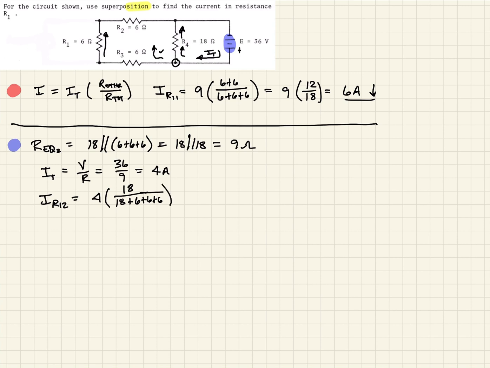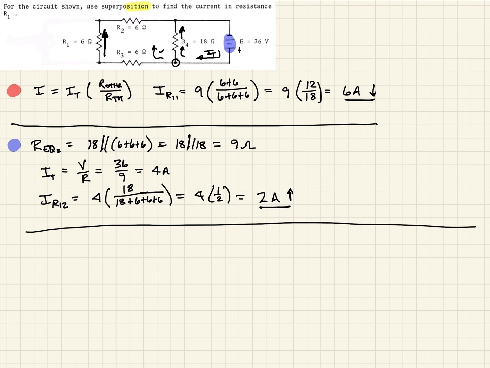That gives us 4 times a half, which is 2 amps. In this case, the amps are flowing upwards through the resistor, so we put an up arrow there. There's the current from the second source.